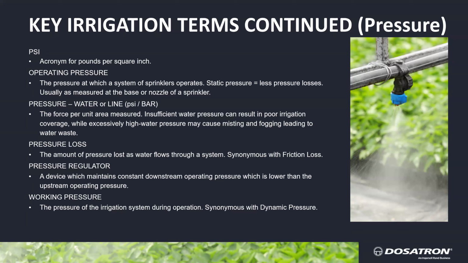So why is that important? Well, if we have insufficient water pressure, that can result in uneven distribution of water and poor irrigation coverage. And if we have too high of water pressure, we might cause those nozzles or emitters to mist or fog, which also leads to waste and inefficiencies.